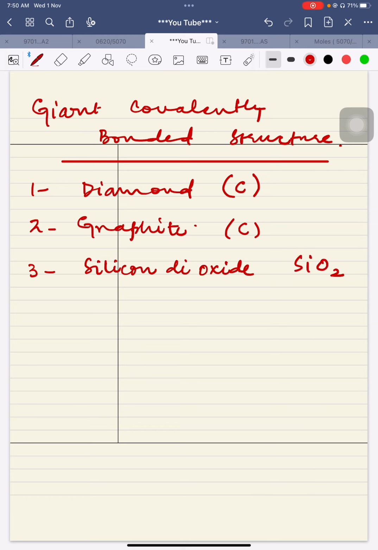It is a basic thing which is part of glass preparation and sand preparation. Formula is SiO2. The topic we are going to discuss in the next lecture will be allotropes. Let's discuss allotropes first, and then I will discuss all of these three one by one.